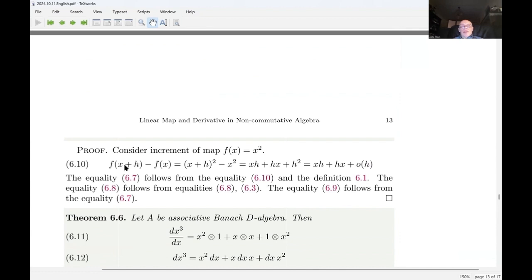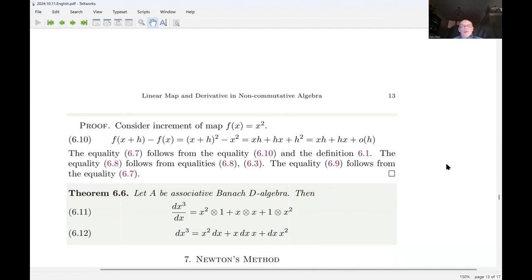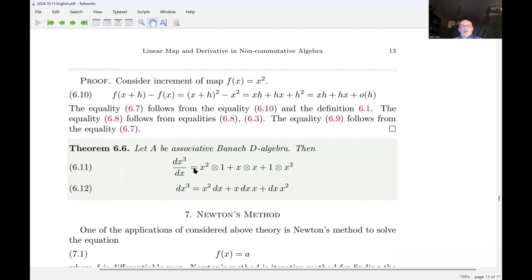We consider the increment of the map x squared in equality 6.10. We first expand this term as a full square and get this equality. Equality 6.7 follows from this equality. Similarly, the derivative of x cubed is defined by equality 6.11.